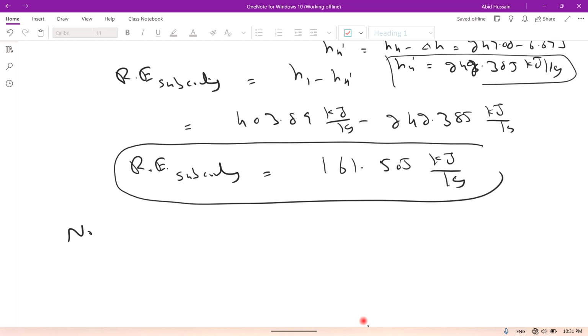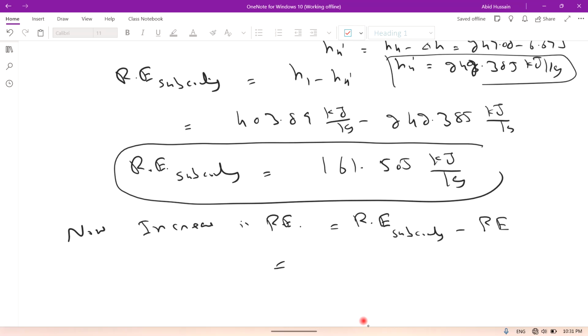Now the increase in refrigeration effect is equal to the refrigeration effect after subcooling minus the refrigeration effect with no subcooling.